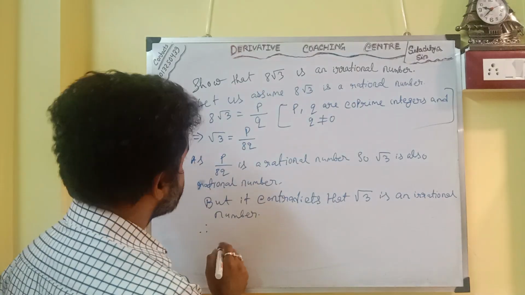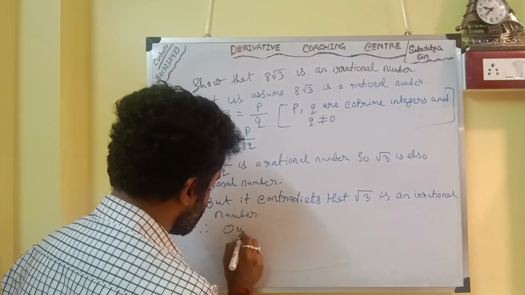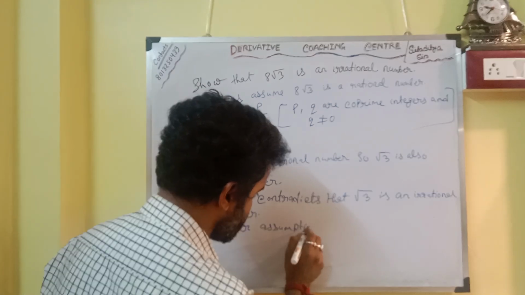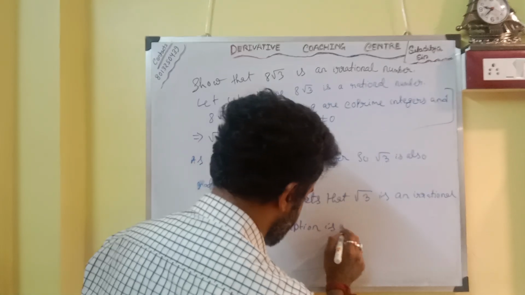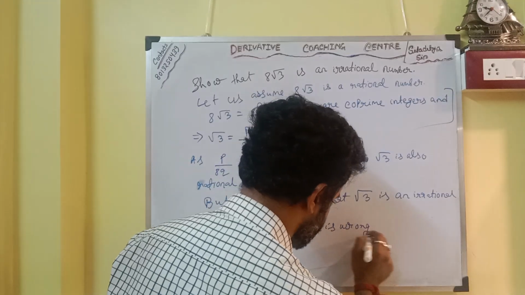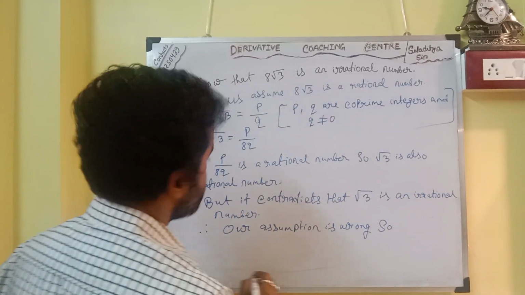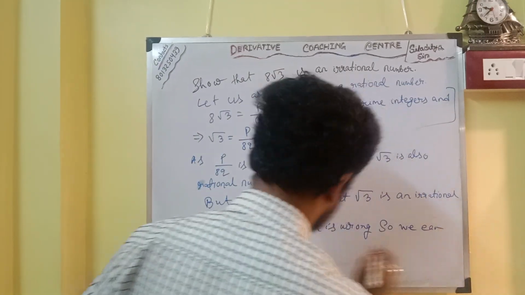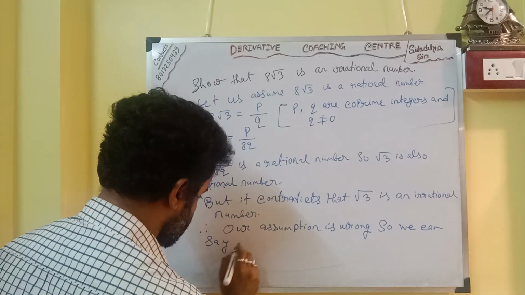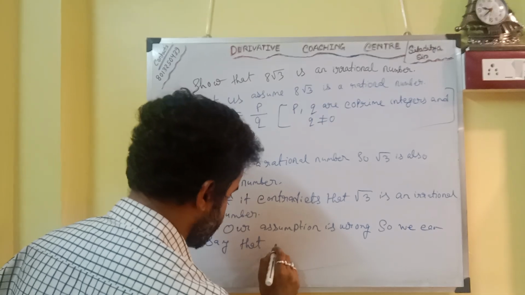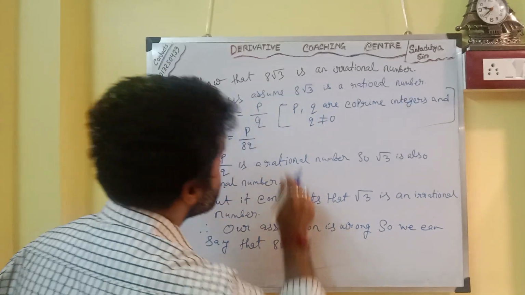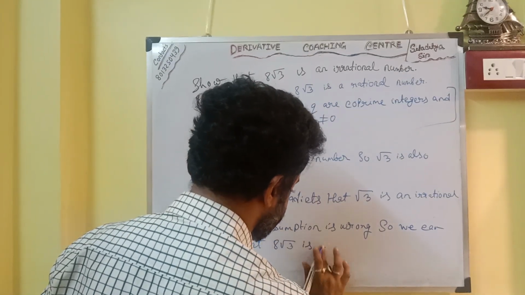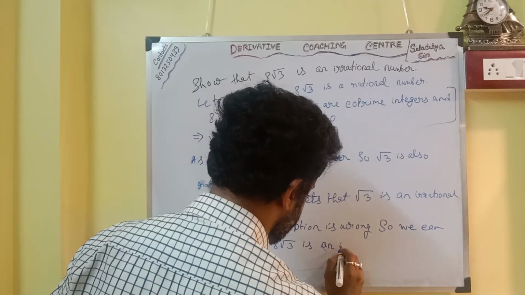So therefore our assumption is wrong, so we can say that 8 root 3 is not a rational number, it is an irrational number.